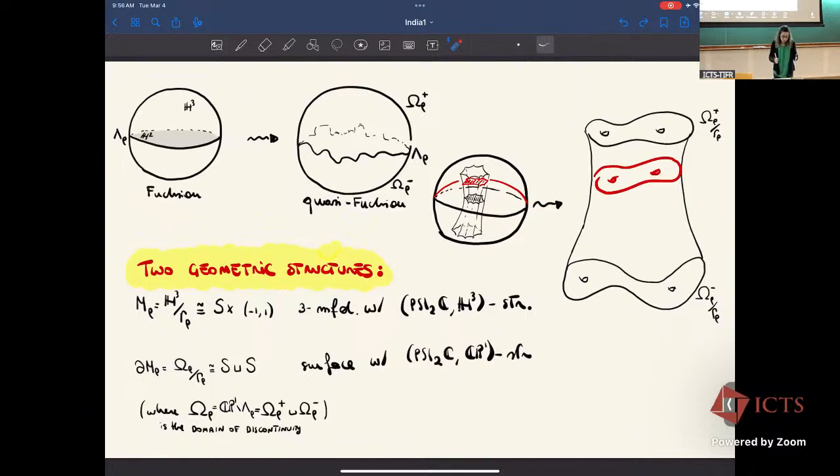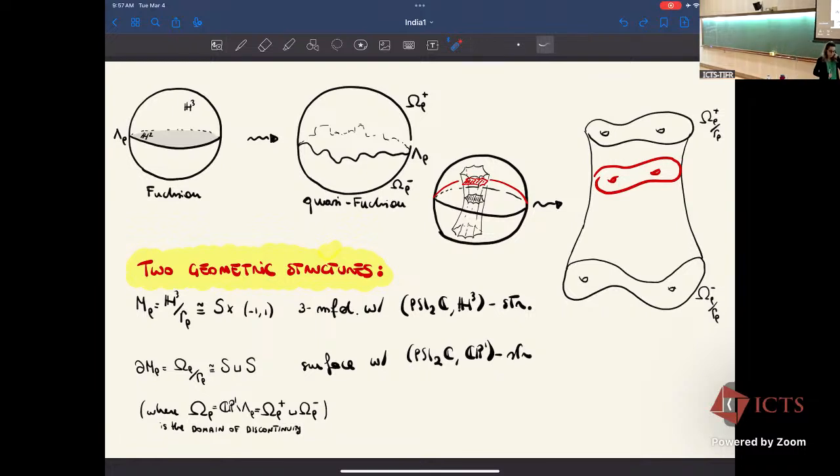Okay, so associated to this quasi-Fuchsian representation, there are two, probably more, but two geometric structures that we'll consider today. One is the hyperbolic structure of the 3-manifold that you obtain by taking the quotient of H3. And then we have the structure at infinity that came up in the Bers embedding that Jean-Marc introduced.